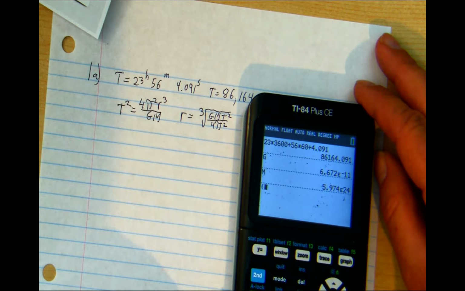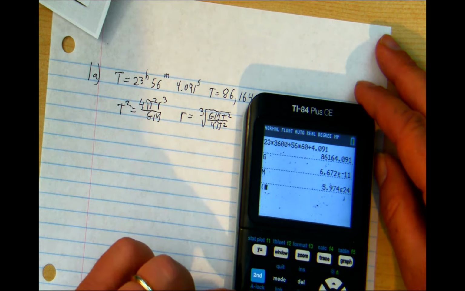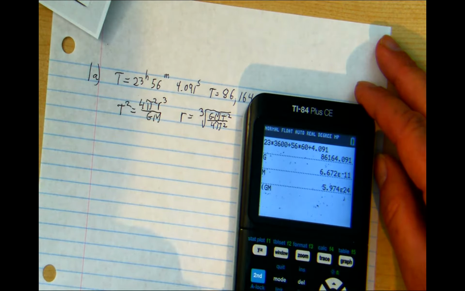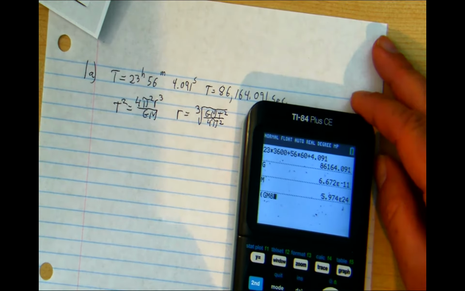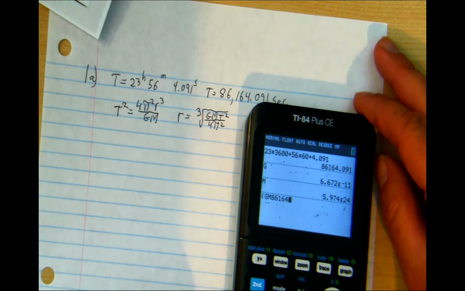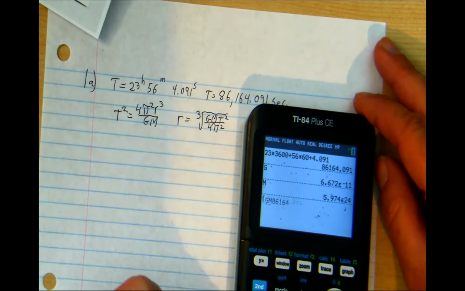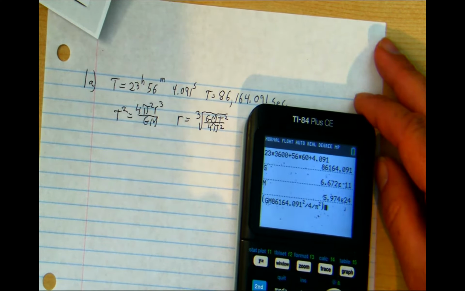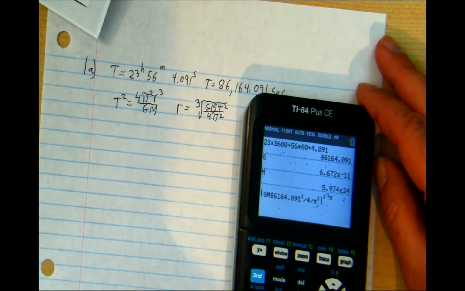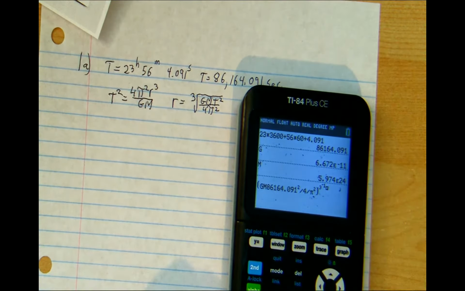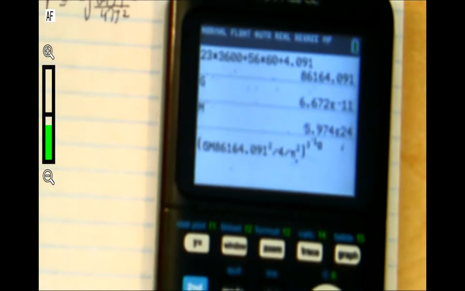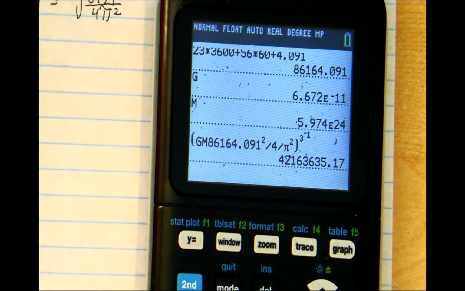So to find r, I would go open parentheses, G, M, and then the period, 86164.091 squared, divide by 4, divide by pi squared, close parentheses, raised to the 1 over 3 power, like this, enter.